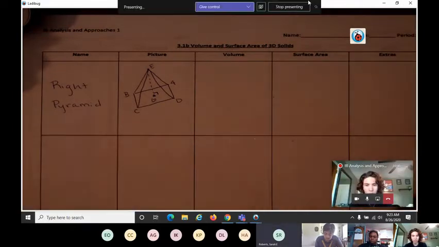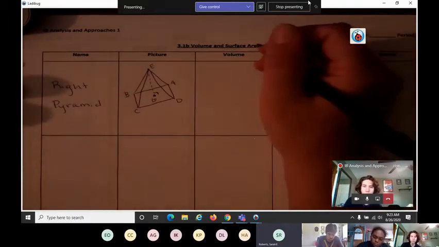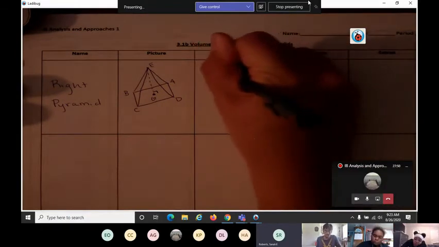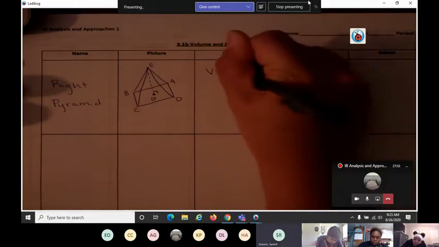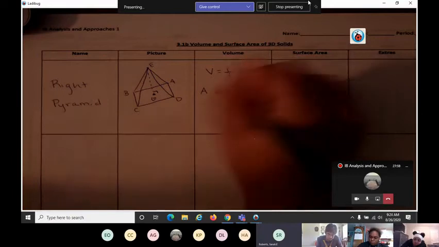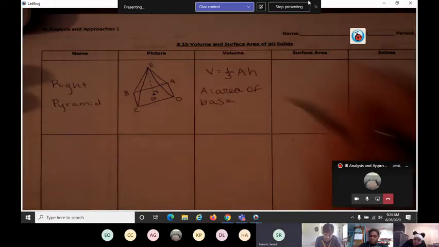Okay. And also tell me to slow down if I'm drawing too fast and you can't keep up. So the volume of a right pyramid is going to be 1/3 AH, where A is the area of your base and H is your height.